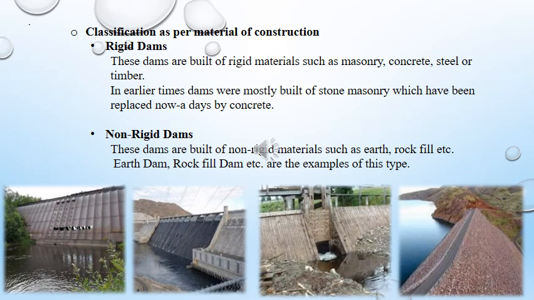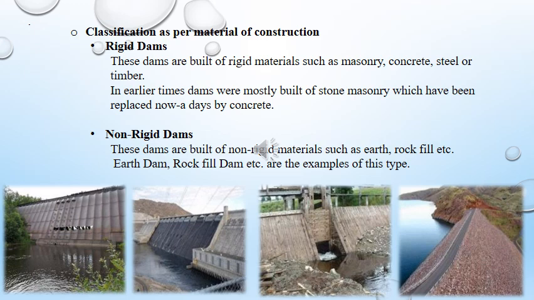The Khadakwasla dam in Pune district in Maharashtra is a stone masonry dam, whereas the Bhakra dam in Punjab is a concrete dam.